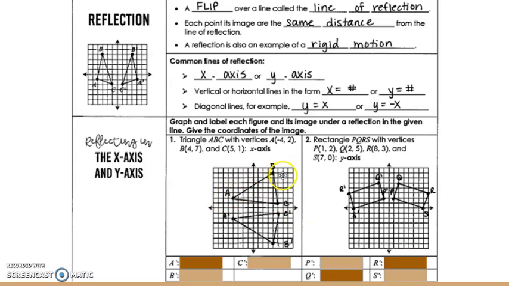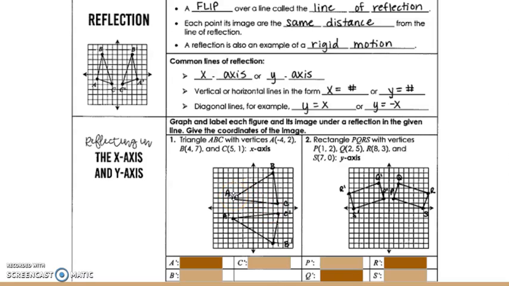So the top figure is our pre-image of our triangle. And we can see that from the x-axis, point C is 1 unit away. So to do the image of C, to do C prime, we're going to go to the x-axis, and we're just going to do 1 unit away in the opposite direction.